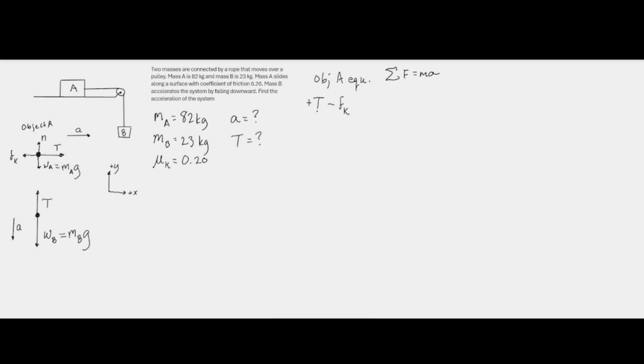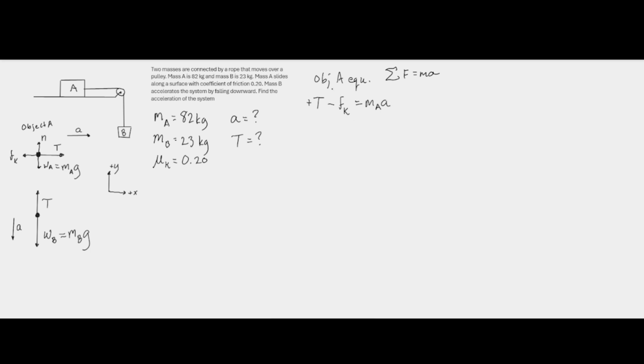So here we have the sum of the forces, the tension force and the friction force, and this is going to be equal to the mass of object A times the acceleration of object A, which we've called little a. And that little a is going to be the acceleration of the system.